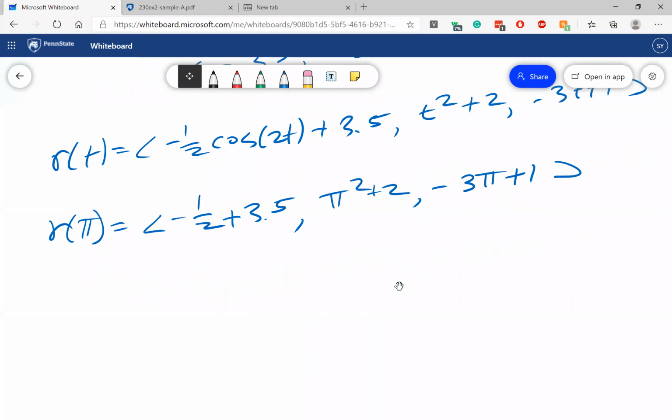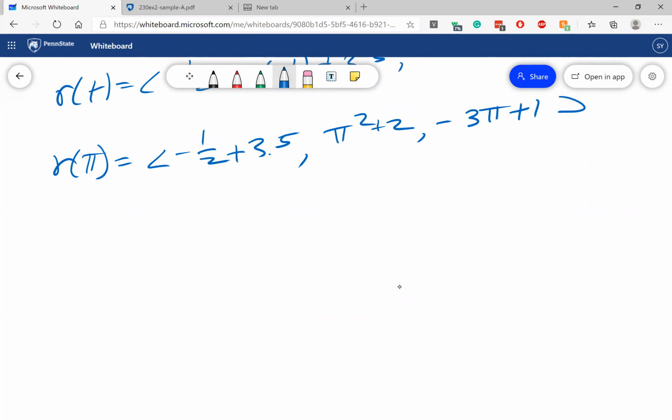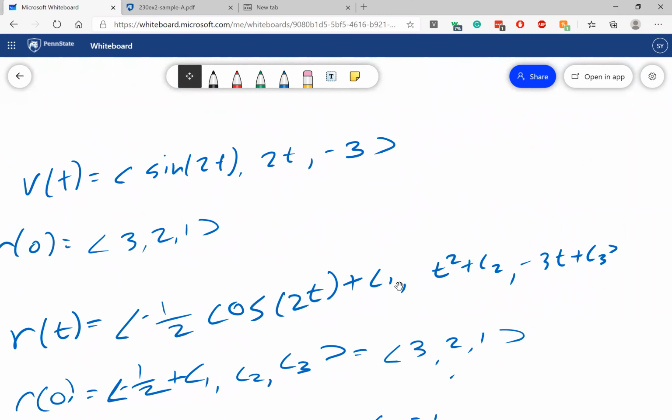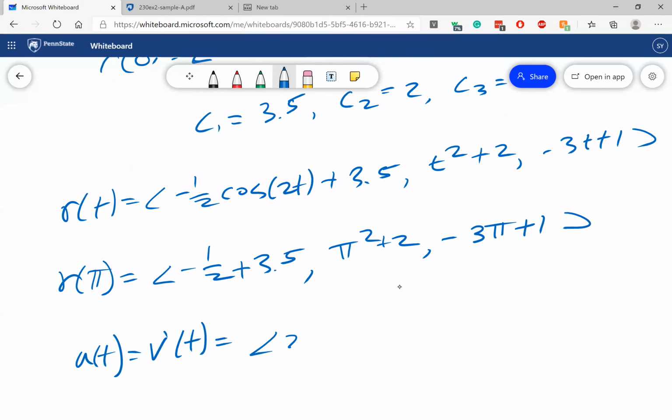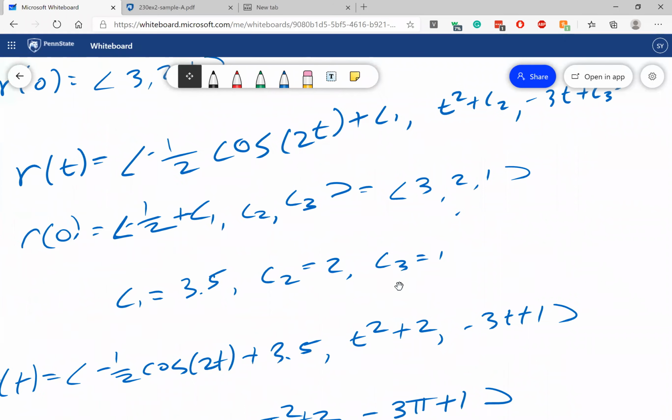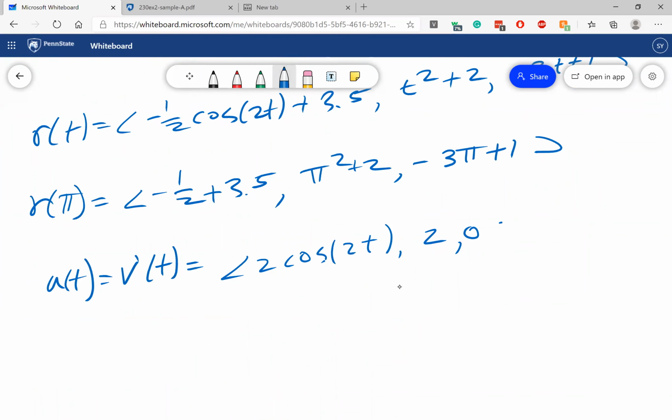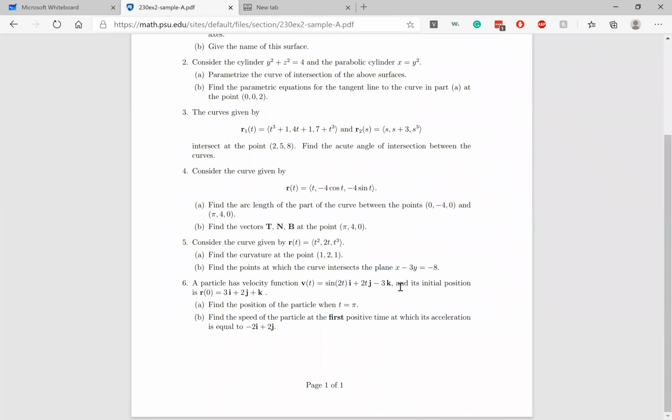So now my acceleration at some time is going to be the derivative of the velocity, which is equal to (2 cosine of 2t, 2, 0).